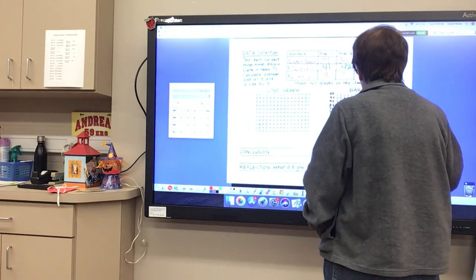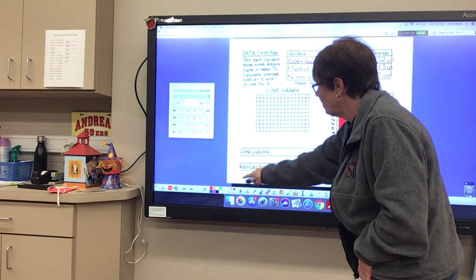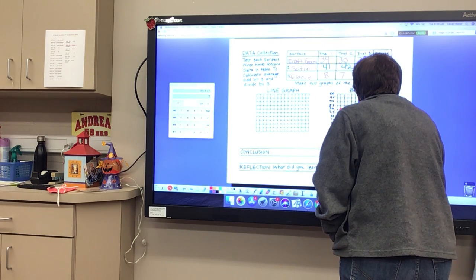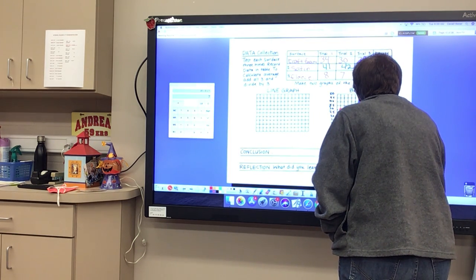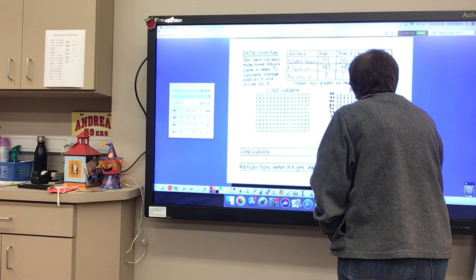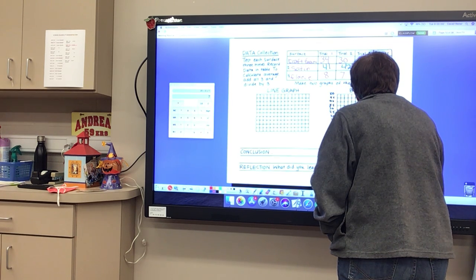So here's my fleece, and I'm going to color it in. Mine is pink, so I'm going to use my pink marker, and I'm going to make a 7-inch bar, a little over the 5 to make it look like it's 7 inches tall. And this is going to represent how far my car went when we had it on the fleece fabric.